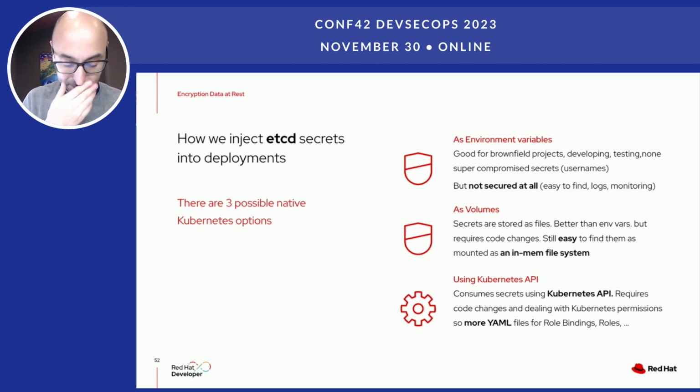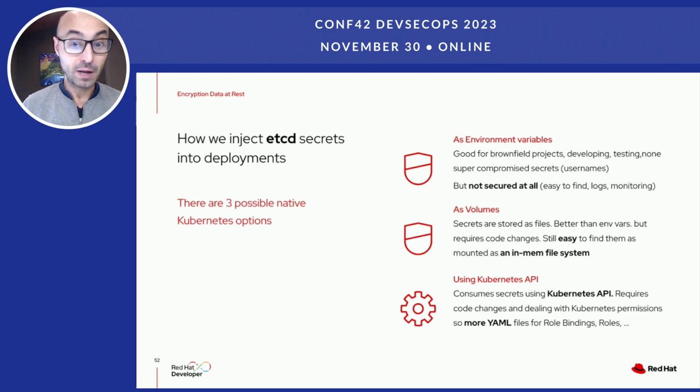The third option, the most complicated one, is using the Kubernetes API. You know that from a pod, you can consume elements from the Kubernetes API. So instead of injecting the secret, I can create a REST connection to the Kubernetes API and consume the secret from there.